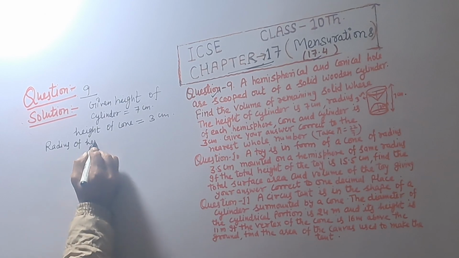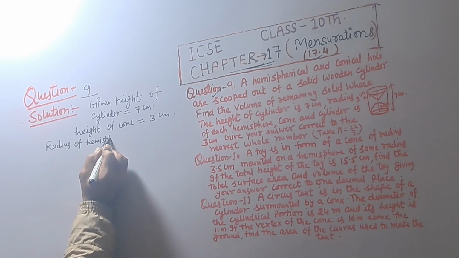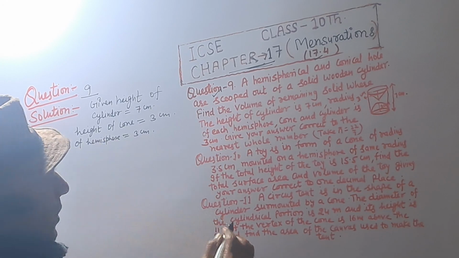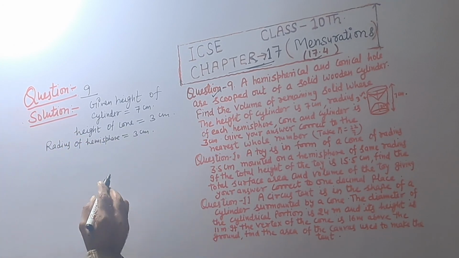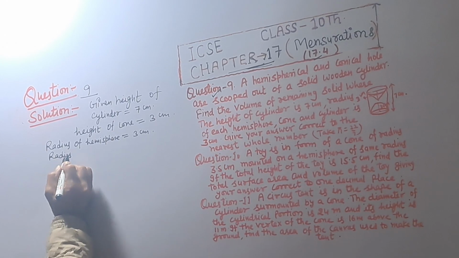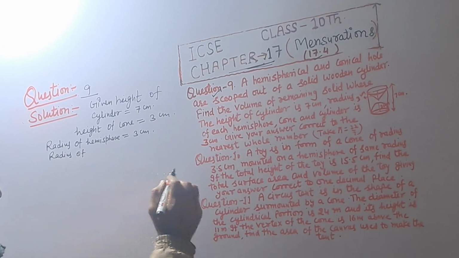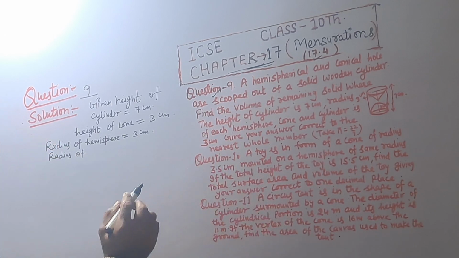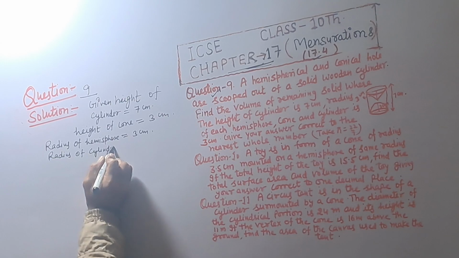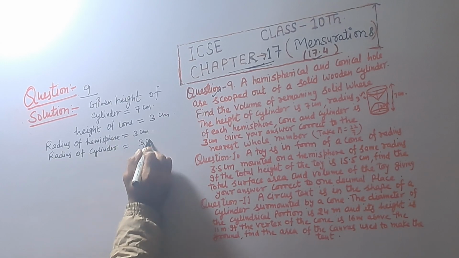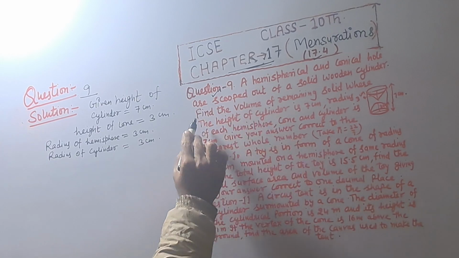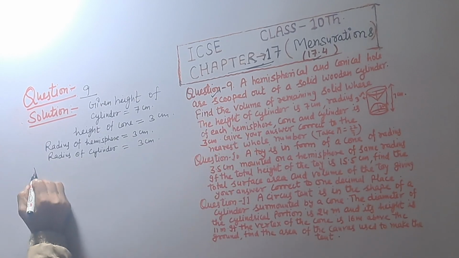Radius of hemisphere is equal to 3 centimeter. Radius of cylinder is equal to 3 centimeter. Find the volume of the remaining solid.